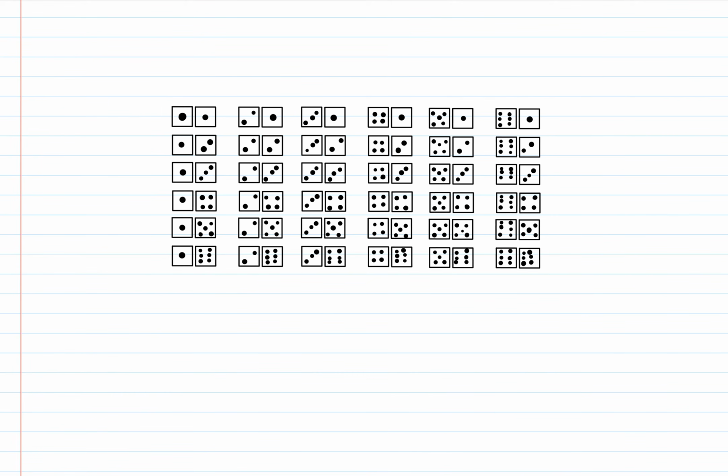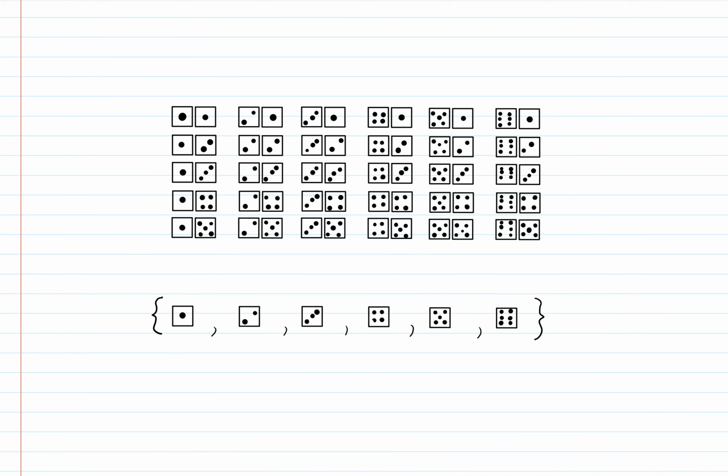So here's what I want to point out. Look at the first die in each column here. These are all 1s. These are all 2s. 3s, 4s, 5s, and 6s. So what if we just take the set of all 6 faces of a die?